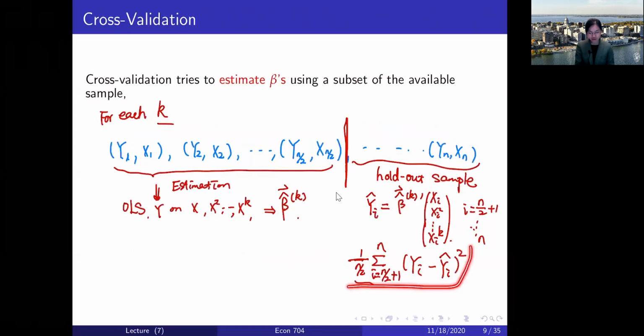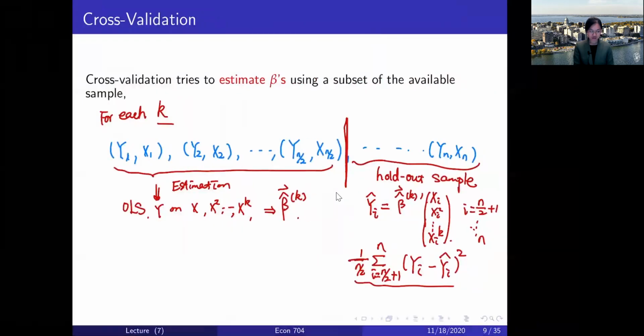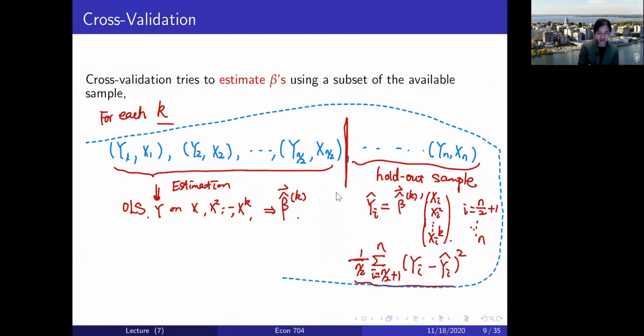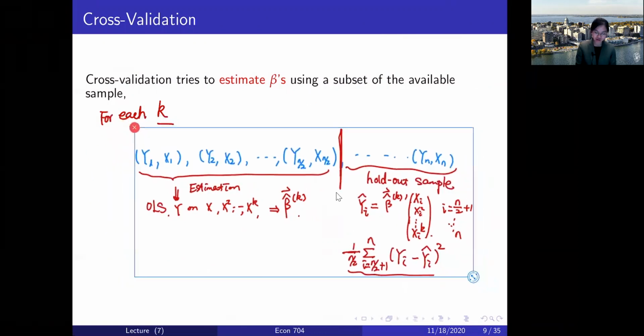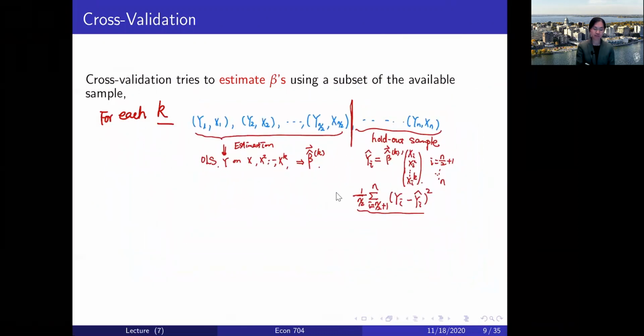So that this will be an estimate for this thing. But as you can see, because you have split the sample into two halves, your estimation is based on only one half of the sample, and your evaluation is also only based on half of the sample. And that's considered a waste of data, a waste of information.